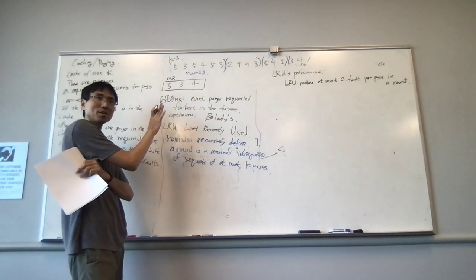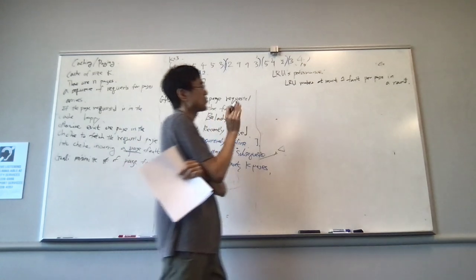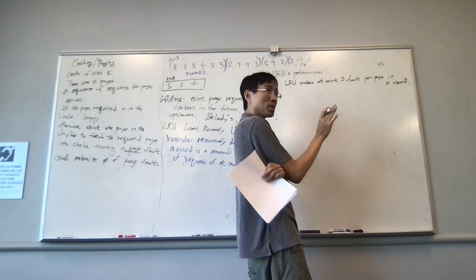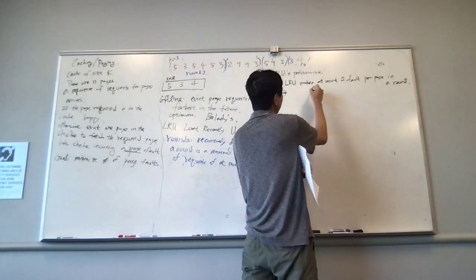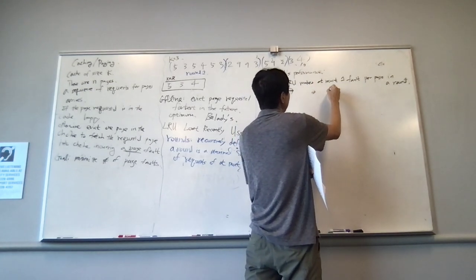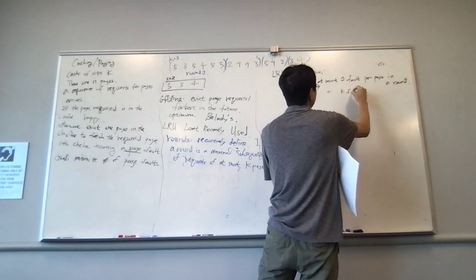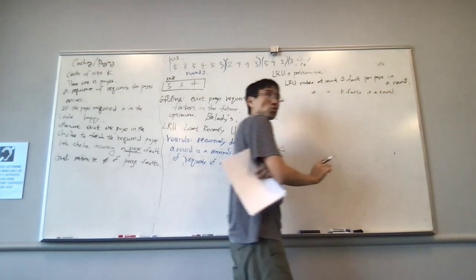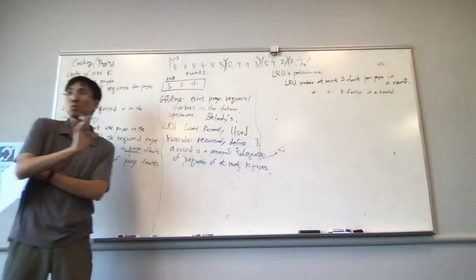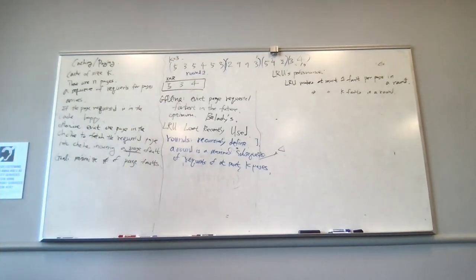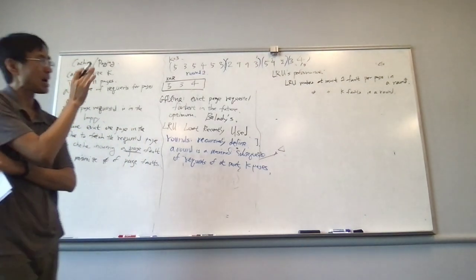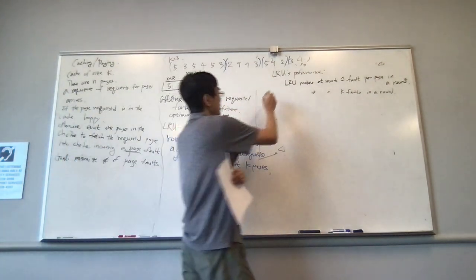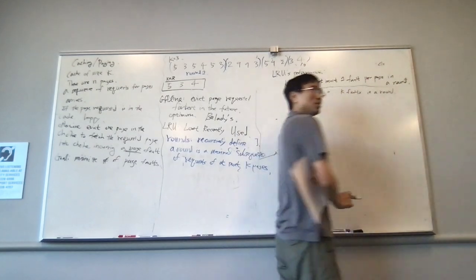Fix a round, then LRU makes at most 1 page fault for each page, not per request, but per page. This will imply that it makes at most k faults in a round, by definition, because each round includes at most k different pages. Therefore, at most it'll make k page faults in a round. Make sense? So let's see why it is true. Do you see why?